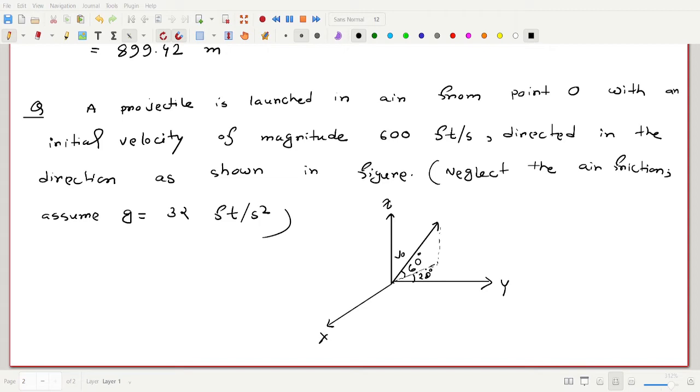Now let's say we have an xy plane here. So from this point the brass is thrown, and it will move like this. This is the 3D brass problem.